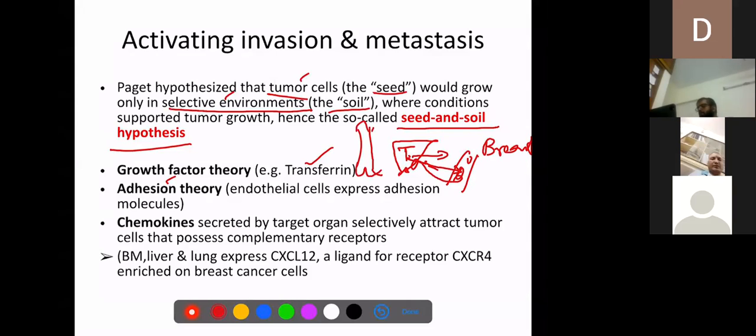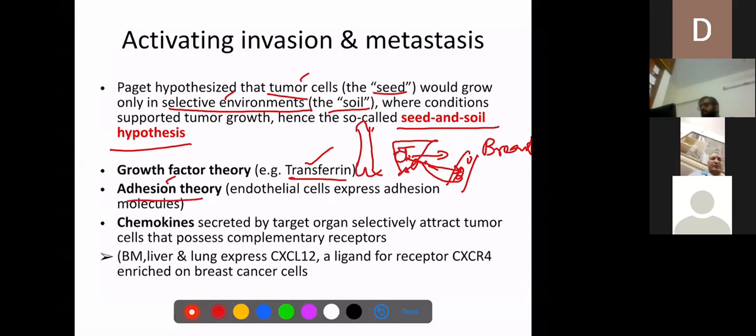So this is how growth factor theory explains that a certain tumor will metastasize and grow preferably in certain locations, not in all locations. It can go anywhere, but preferably it grows only in certain locations. Transferrin attracts the breast cancer cells into the liver and bone, and gives a good environment for tumor growth.